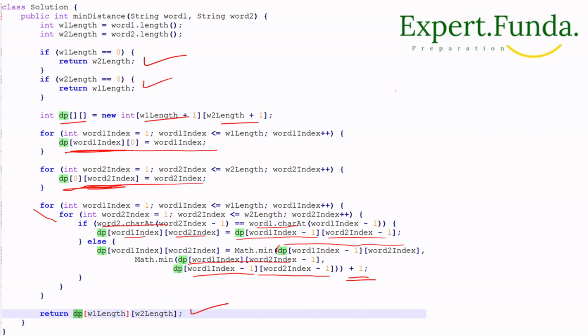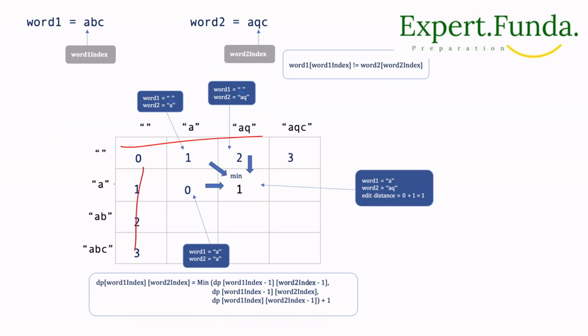Let's suppose what I'm talking about. Let's suppose we have this one, right? So here you can see we have dp, and we are calculating dp at this index and dp2 at the index here, right? First we'll take dp index minus 1, dp index minus 1, and word 2 index minus 1, right?